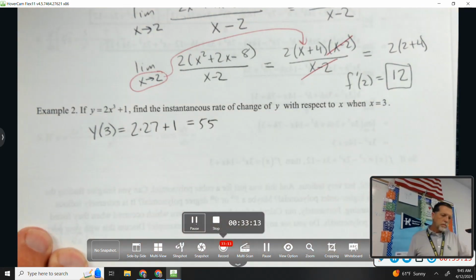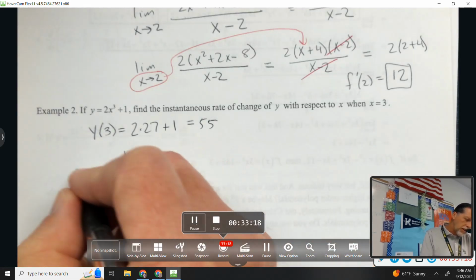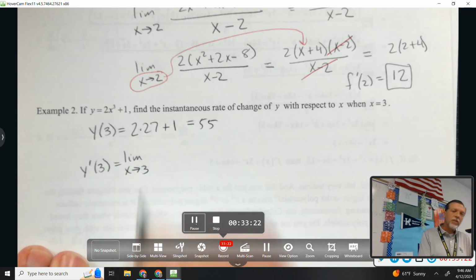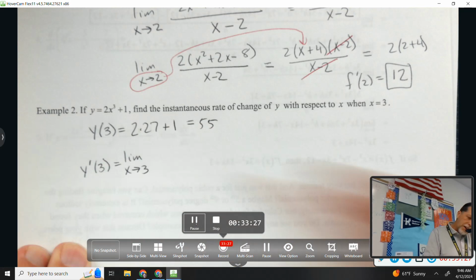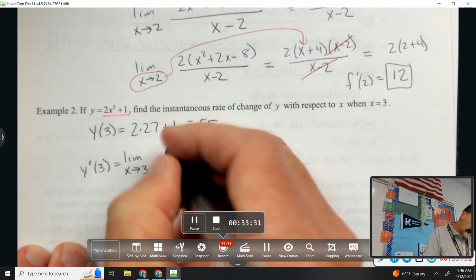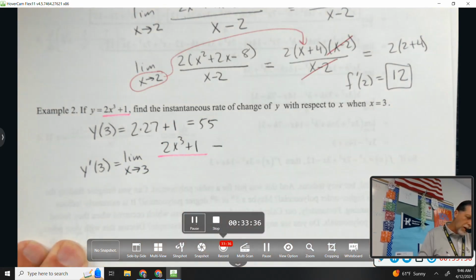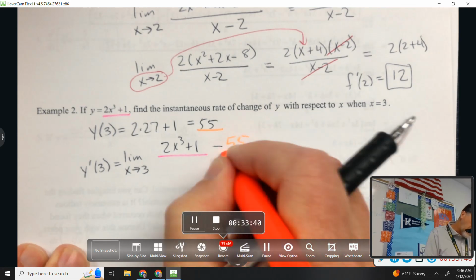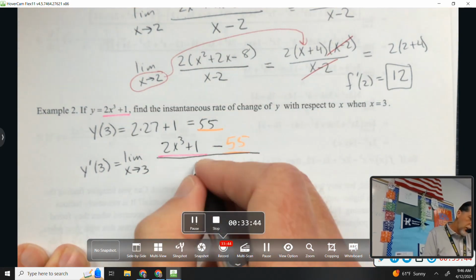So looking back at my definition, I want the derivative at 3, which would be the limit as x approaches 3 of y of x, 2x cubed plus 1, minus y of 3, 55, all over x minus 3.